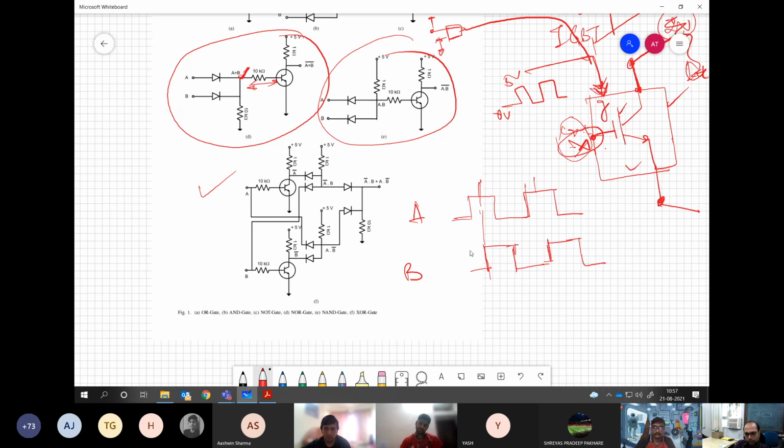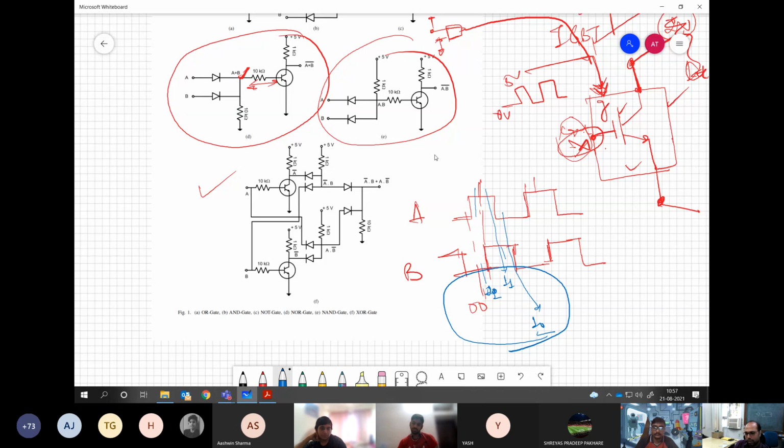All the possibilities you can test over here. For example, for this portion it will be 0, 0. For this portion it will be 1, 0. For this portion 0, 1, because B is the higher bit, let us say. Then this will be 1, 1. Then this will be 1, 0. So all 4 possibilities you will be able to test.